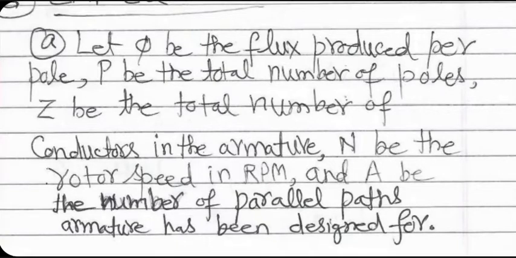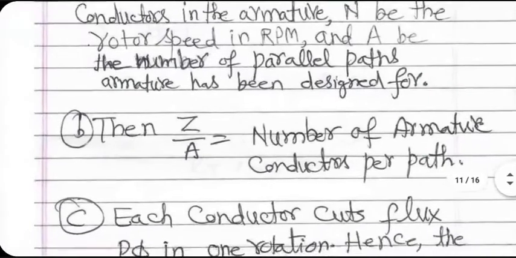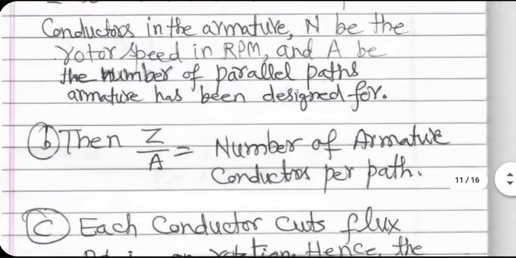That's the assumption. Now with all these, let's look at what happens. The total number of conductors is capital Z and total number of parallel paths is capital A. So the number of conductors per path will be capital Z divided by capital A. These are parallel paths, okay?